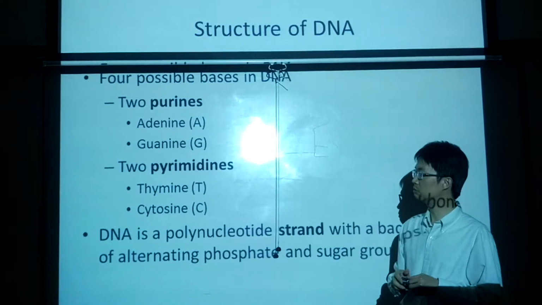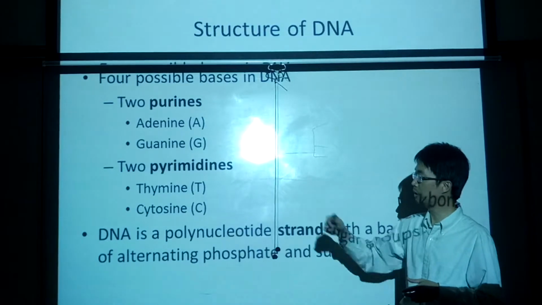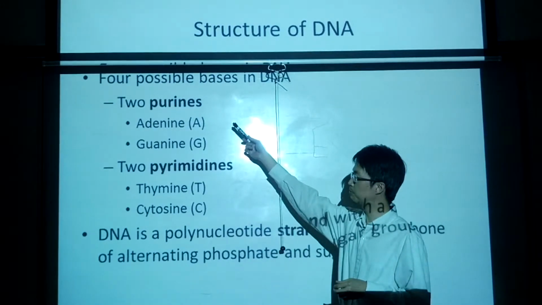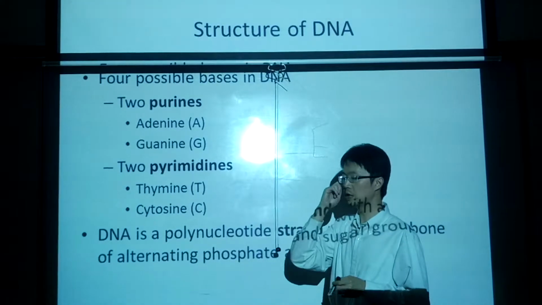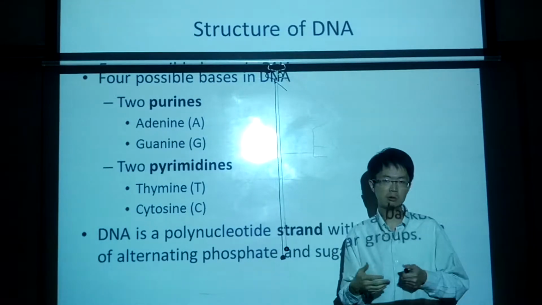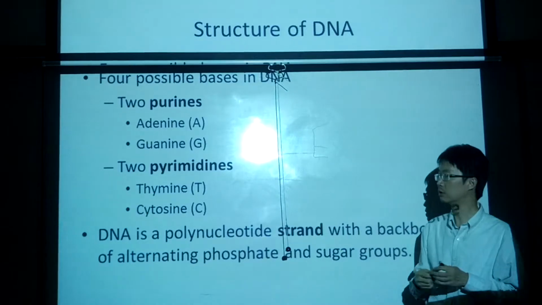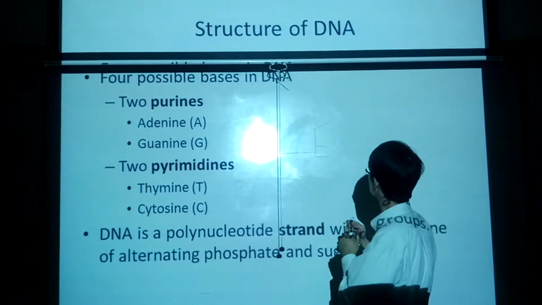So we have this, but the purine will pair with pyrimidine. So there is a rule, a base pairing rule. What does it mean?